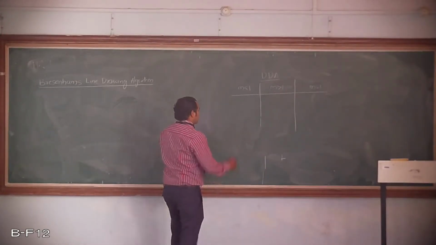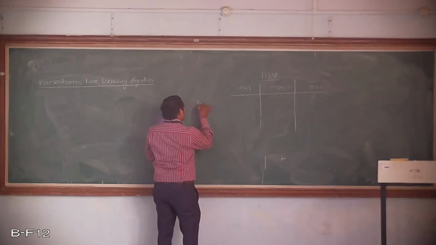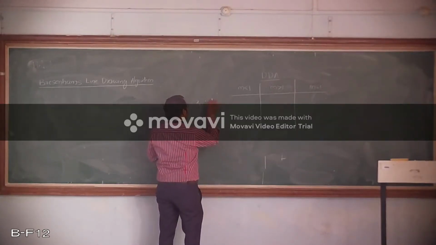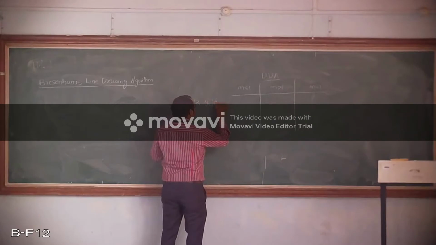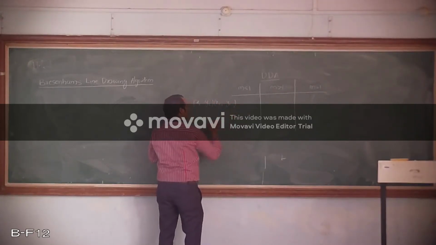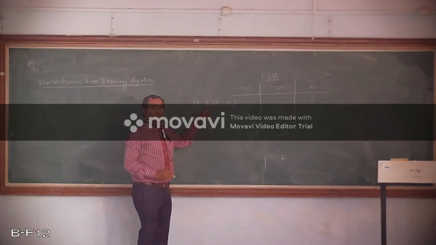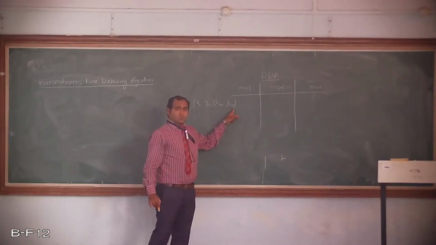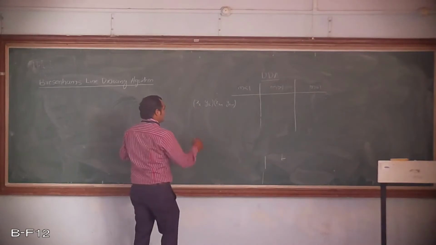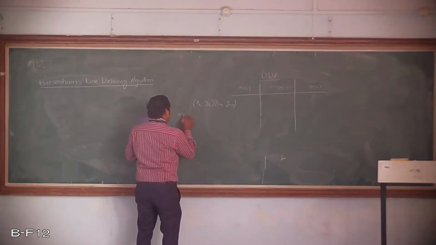So if I consider general points xk, yk, the next point I will write as xk plus 1, yk plus 1. This is the initial point and this is the next point. Then I had found the value of slope.